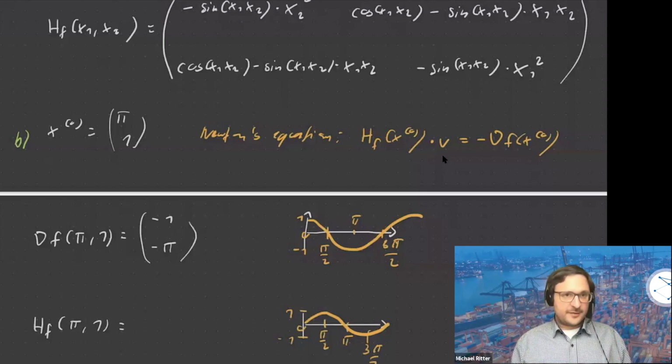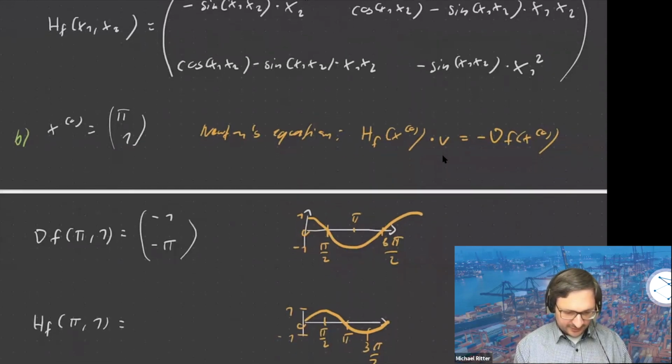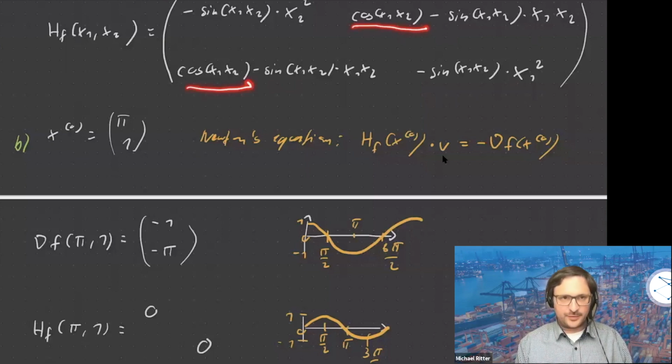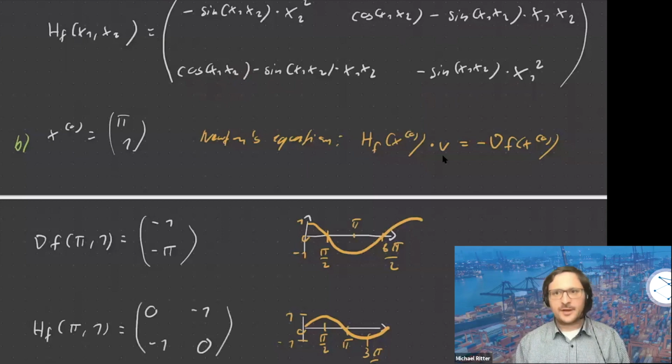So for pi, the sine of pi is 0. And we already established that x1x2 is pi. So this sine expression becomes 0. So that means that entry is 0. The same is true for this entry here, that also is 0. And of course also for these two parts here. So we have a 0 here, we have a 0 here. And here we only have a cosine part that remains, this one and this one, and that's the same. So cosine of pi, we already computed that. You remember that is -1. So we get a -1 in these two positions. That is the Hessian.